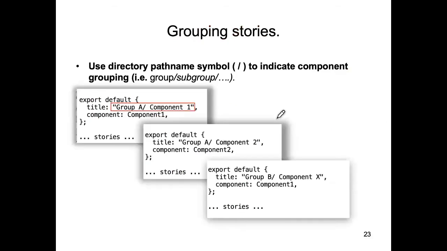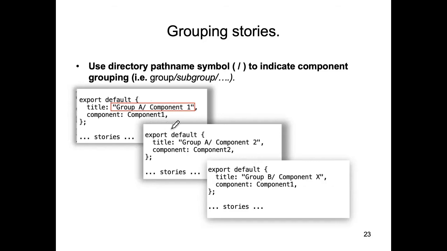Now, I said that you can group your components into categories or groupings. And how do you actually tell Storybook that a component belongs to a particular group? Well, it's actually in the title part of this object that you create. And the slash there is significant. The Storybook server uses this to indicate that this component is part of this group or category name.